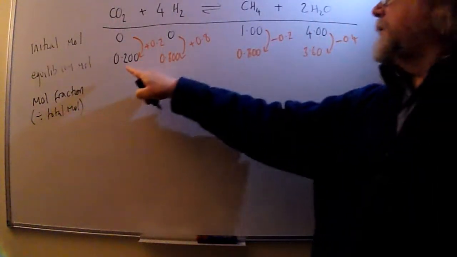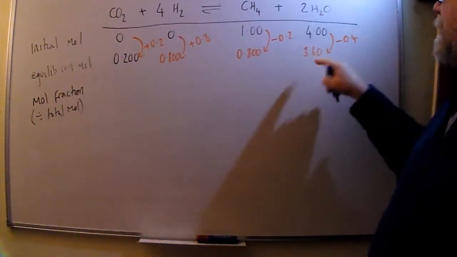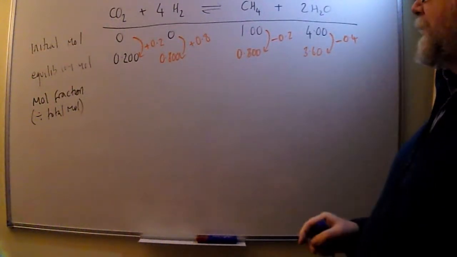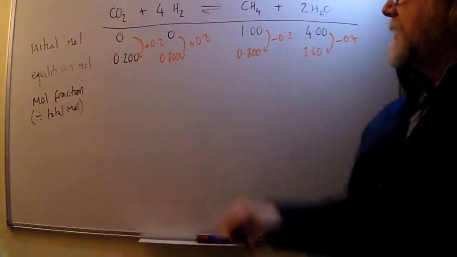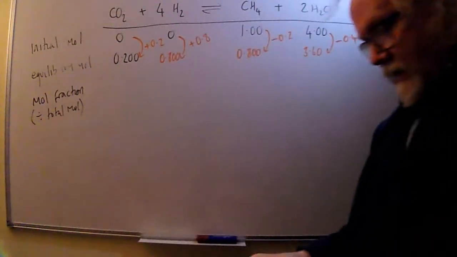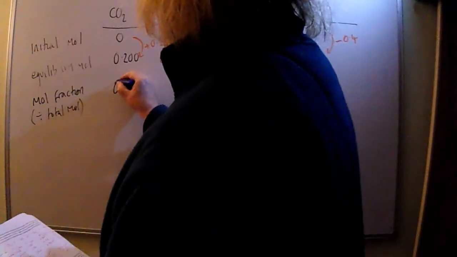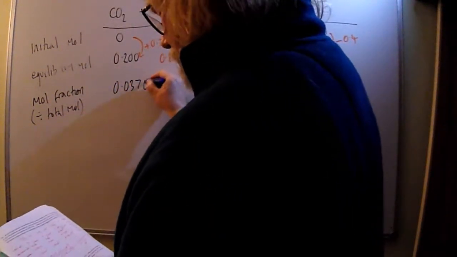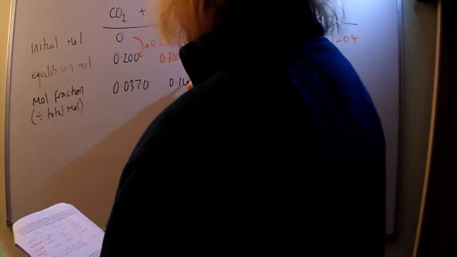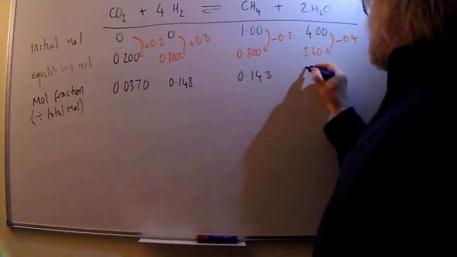So if we add these up, we get 0.2 plus 0.8 is 1, 0.8 plus 3.6 is 5.4. So we're going to divide each of these numbers by 5.4, and if we do that, we get 0.0370, 0.148, 0.148, and 0.667.